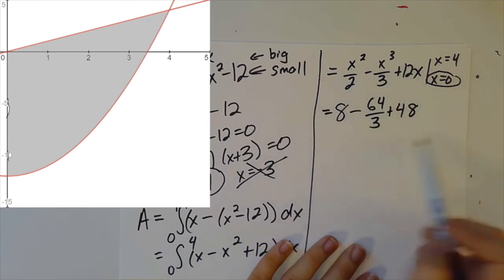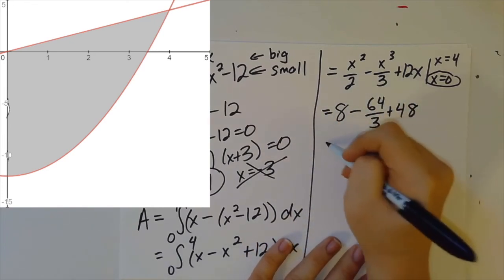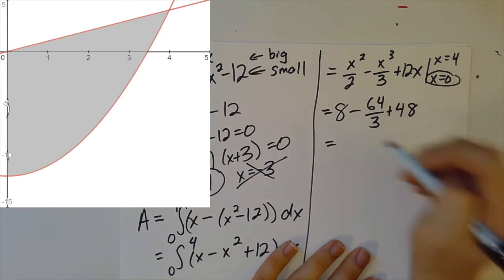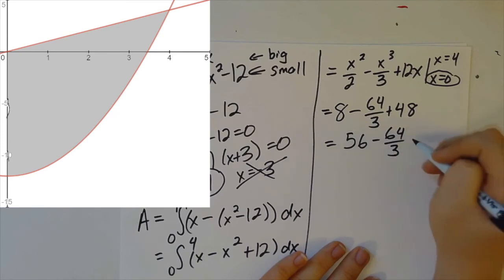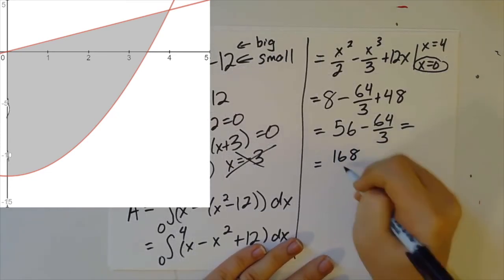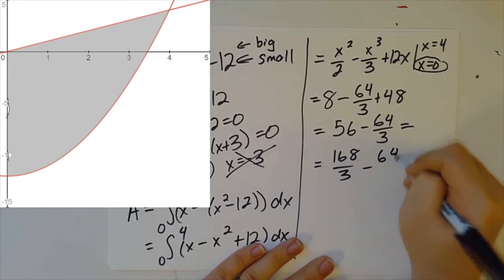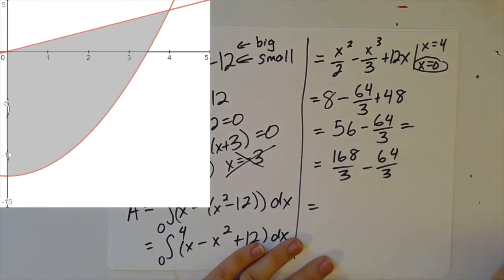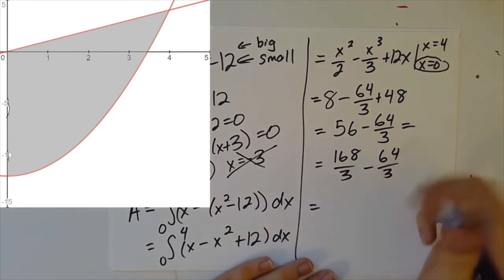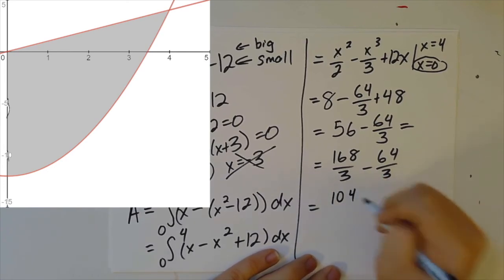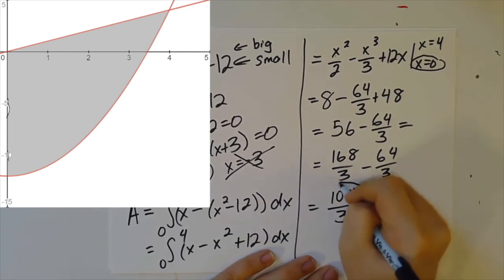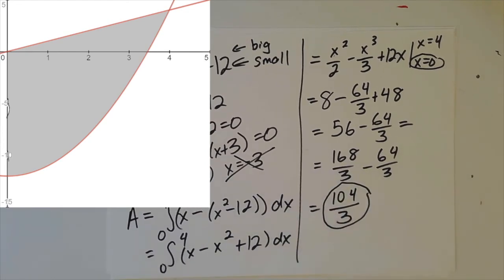So the area just happens to work out to be exactly this, which as it happens is 56 minus 64 thirds. So that's 168 thirds minus 64 thirds. And so this is equal to, at the end of the day, 104 over 3. That is the area of this wedge shape.